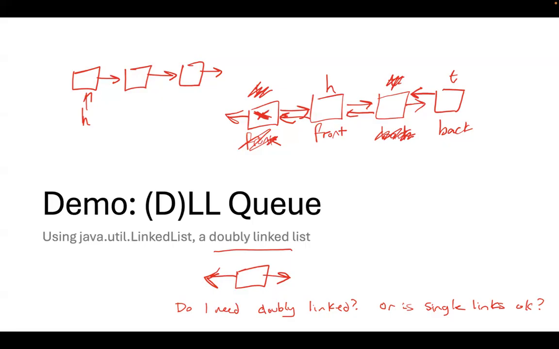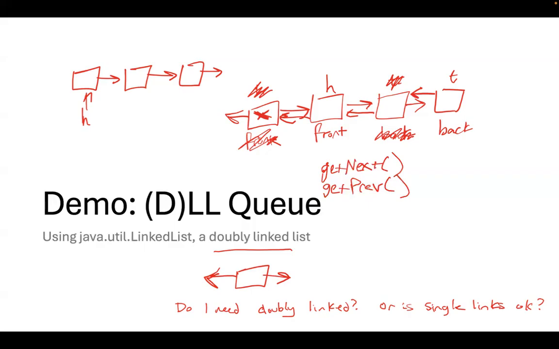Okay, so this is the front of the list. And now I'm in a new world where I can have nodes where, for a node, I can get the next thing and I can also get the previous thing, right?